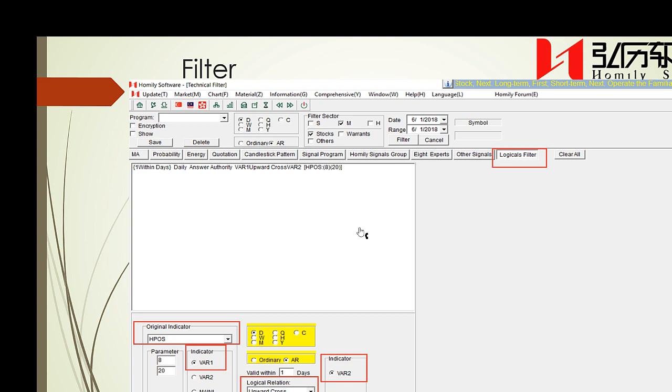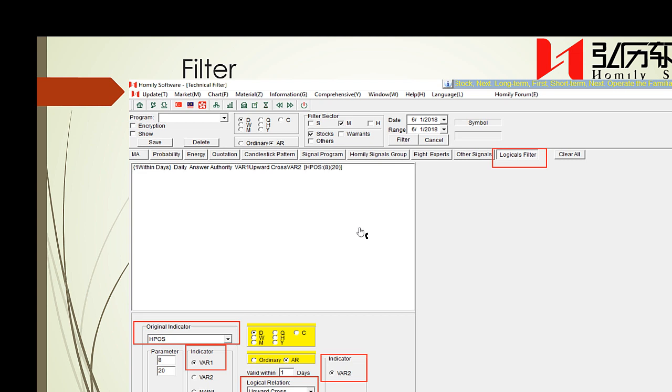And then we choose VAR1. VAR1 is the white line. This is the white line, and then upward cross. This is the golden cross. Upward cross to the VAR2. So this is the second buy point.